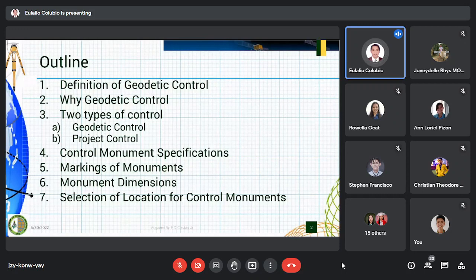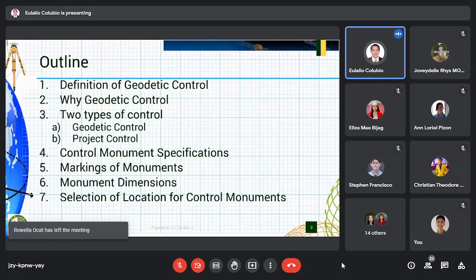It's important because I have experienced that some of the monuments established in the country are substandard. They are not according to the specifications and dimensions stipulated in our DMC.